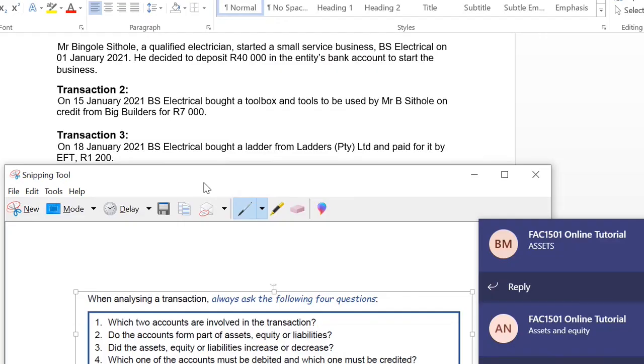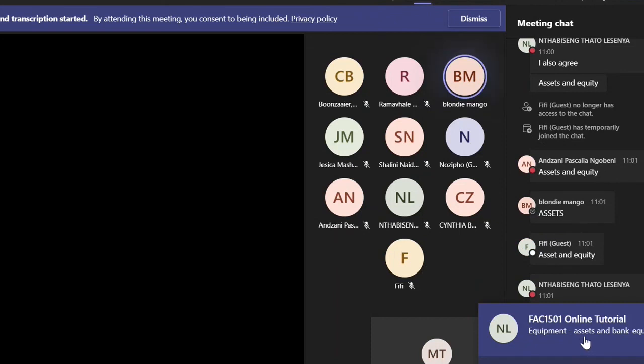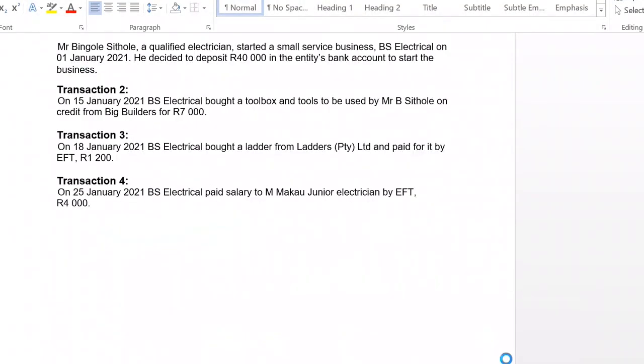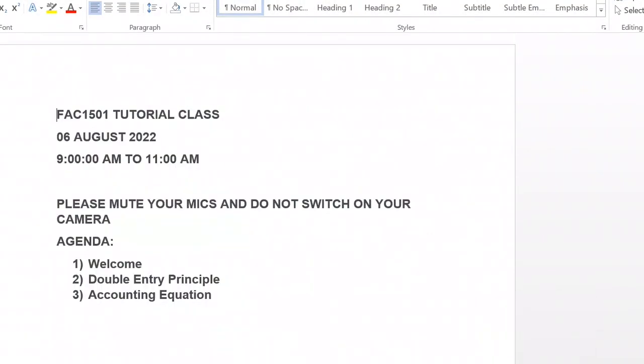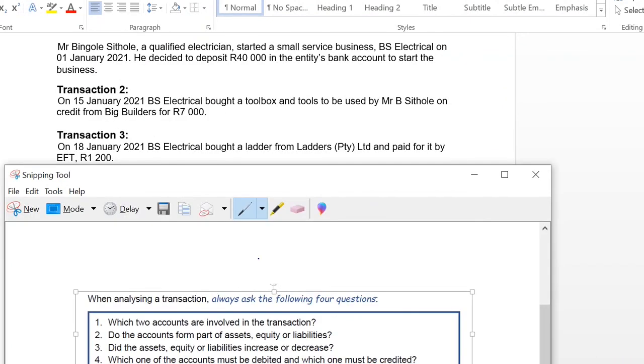So the two accounts that are involved there are asset, which is the ladder equipment, and because they paid it by EFT, it's bank.